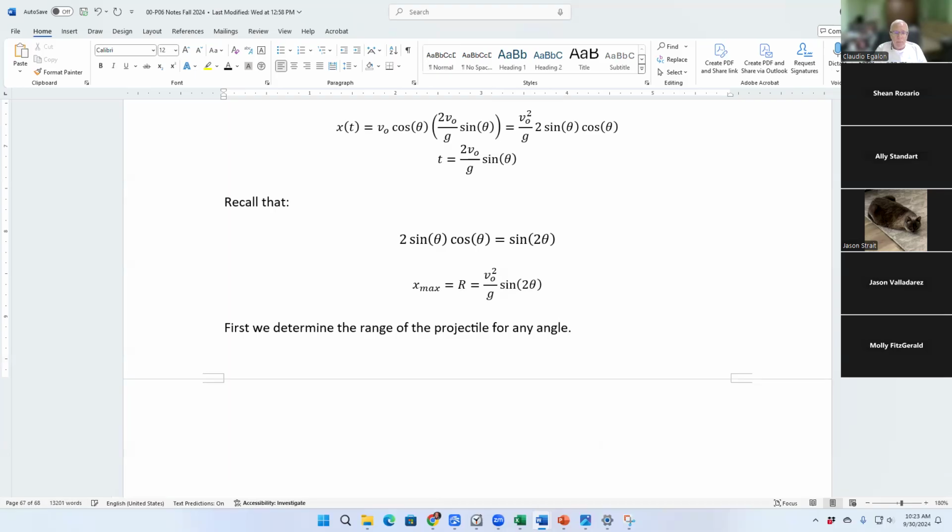Okay? Now we have to find out what angle maximizes the range. 2 steps.